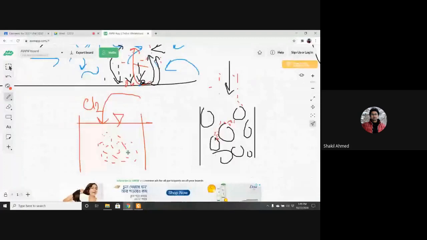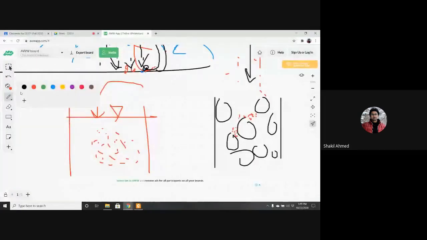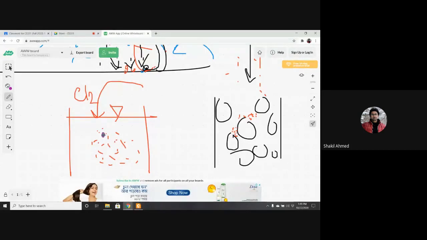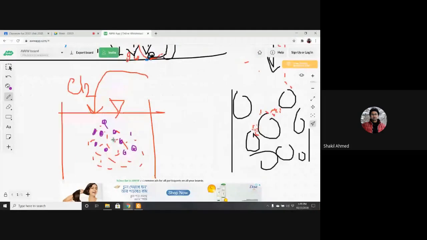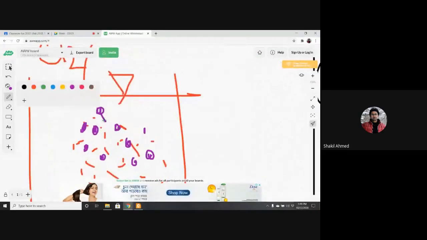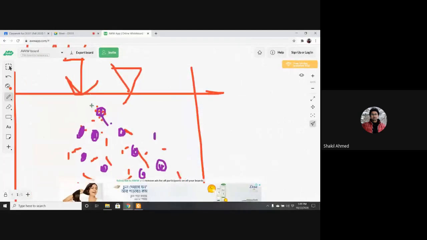Now, the thing is, if you have particulate matter, like this solid, right? Now, what happens is that this bacteria hide in the pores of this particulate matter.